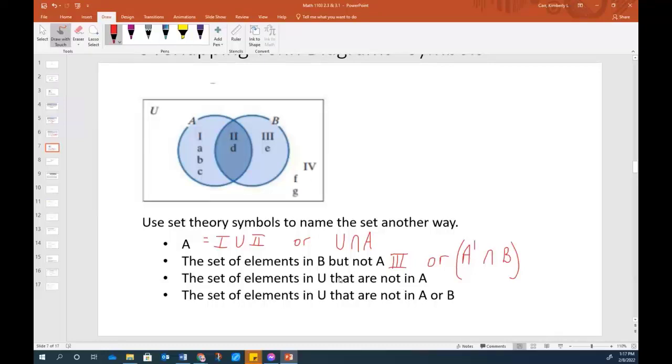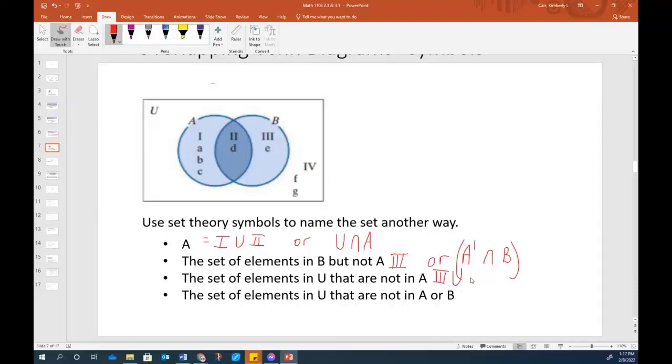Now, the set of elements that are in U, so in the universe, but they're not in A. If they are in the universe but not in A, that means I really want section 3 and section 4. Well, I should have written a union there, not an and.